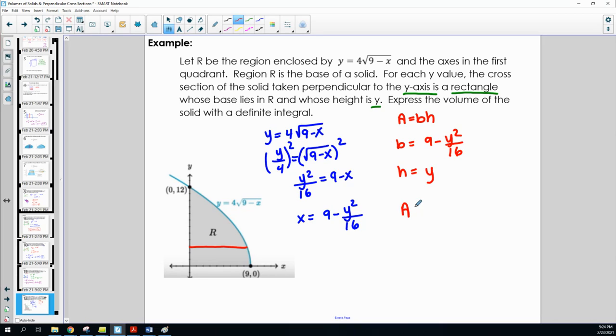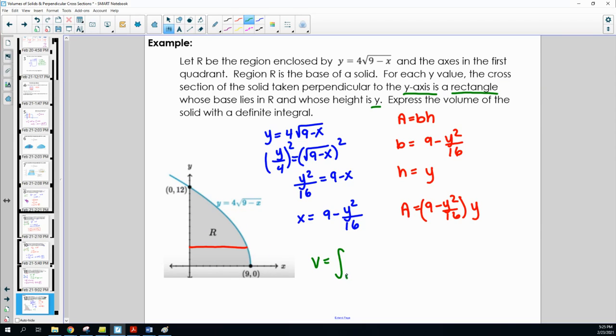So when I go to find the area, it's going to be 9 minus y squared over 16, put that in parentheses, times y. So for the volume equals, we're going to have the integral, and because we're doing this in terms of y, our bounds are going to be from our lowest y to our highest y.